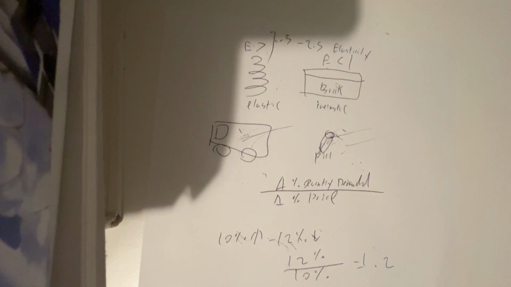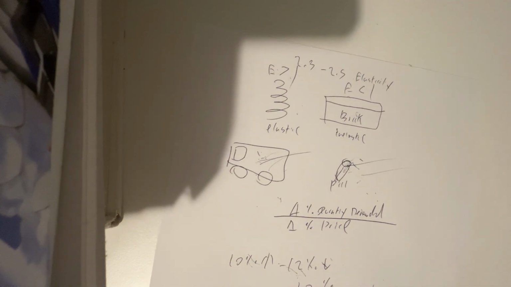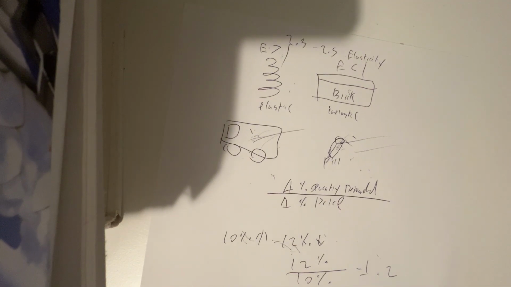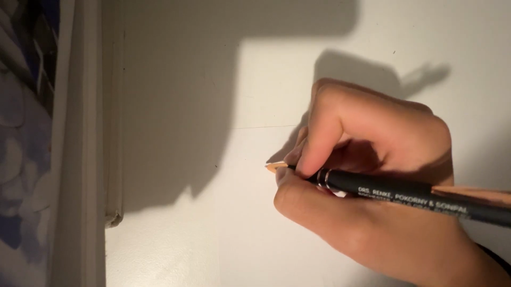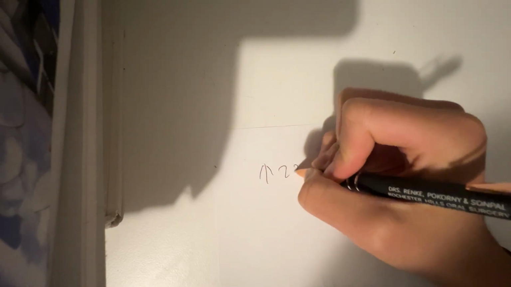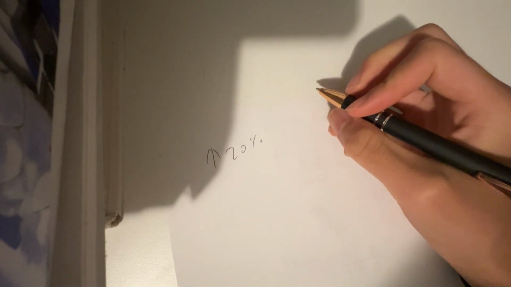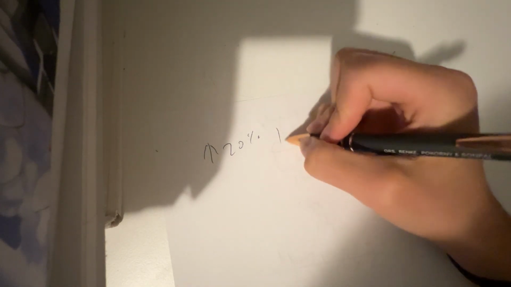And a cross price elasticity question would be if the price of milk increases by 20% and demand for cereal decreases by 10%.